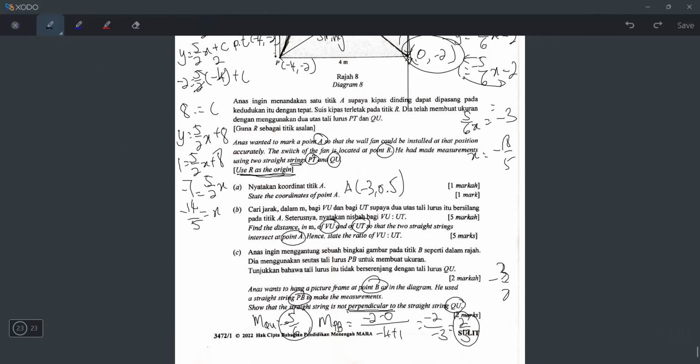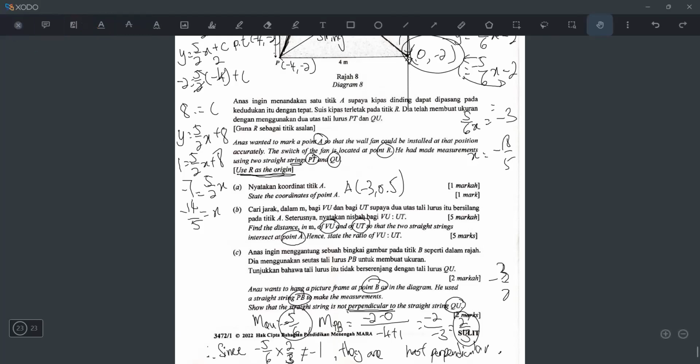So we can say that since negative 5 over 6 times 2 over 3 is not equal to negative 1, they are not perpendicular. Or you can also say since gradient of QU times gradient of PB is not equal to negative 1, they are not perpendicular. So that's how you show them.